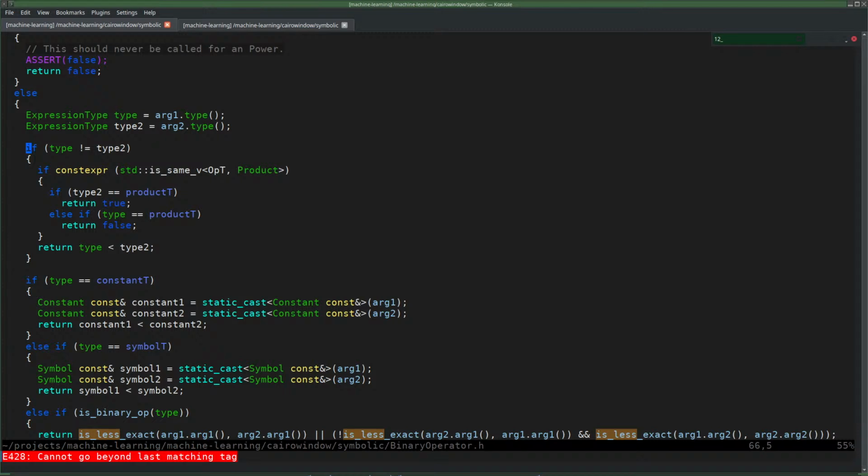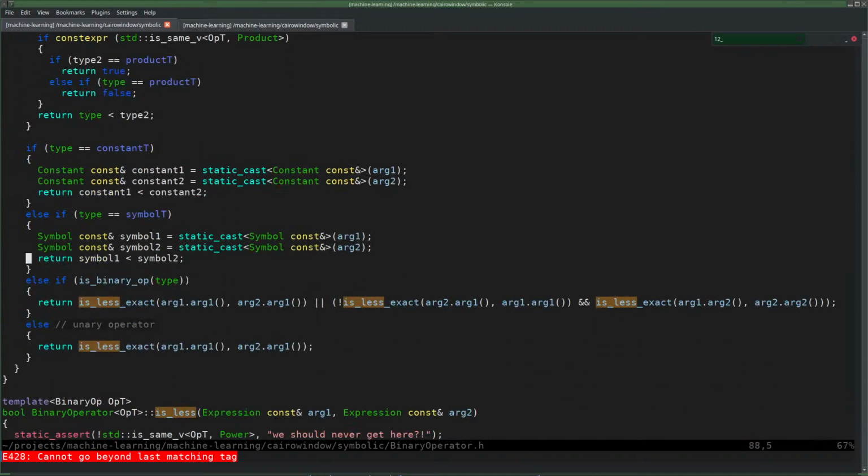So the types are the same, and not unequal. The type is not a constant, the type is a symbol. Therefore it returns symbol 1 is less than symbol 2, after having cast a function to a symbol. Ouch! Yeah, and that is not good. That's totally not good. Undefined behavior. Cannot cast a function to a symbol and then compare them like that.